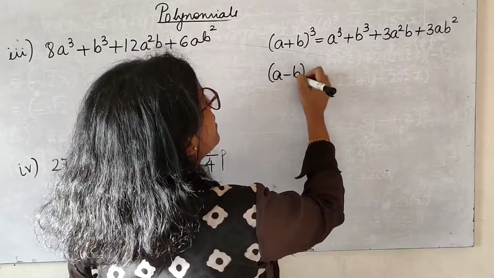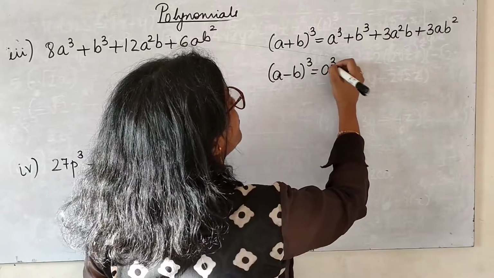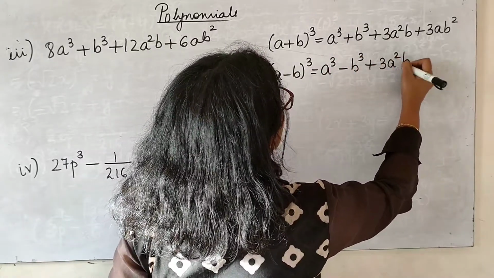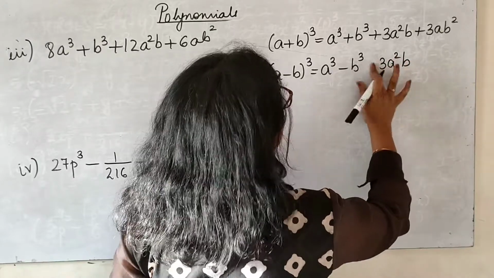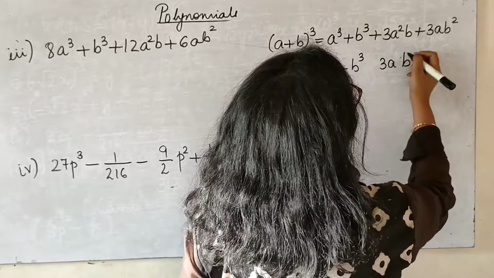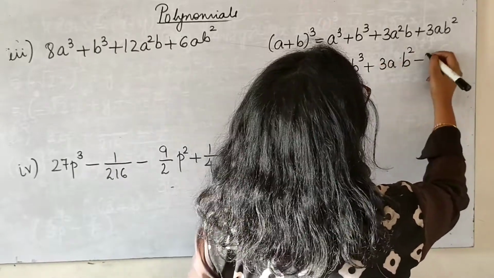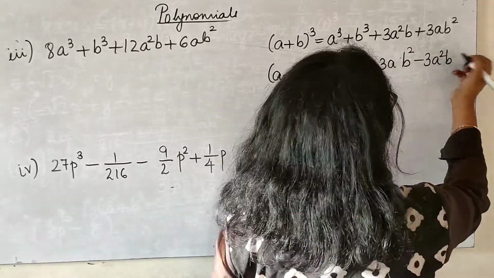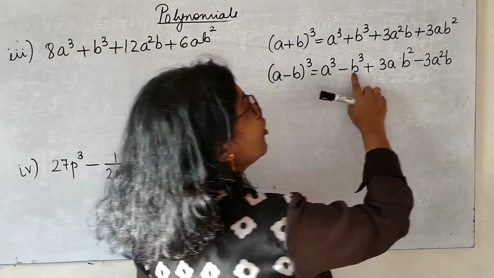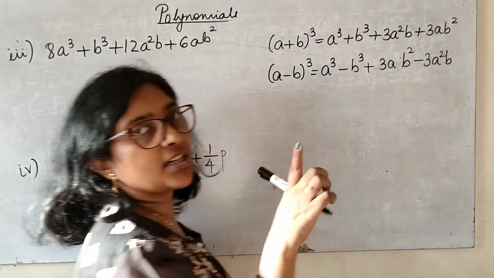If negative, then we can write a cube minus b cube plus 3ab square first and minus 3a square b, as you want to write. But b will have a negative sign when the degree of b is odd.